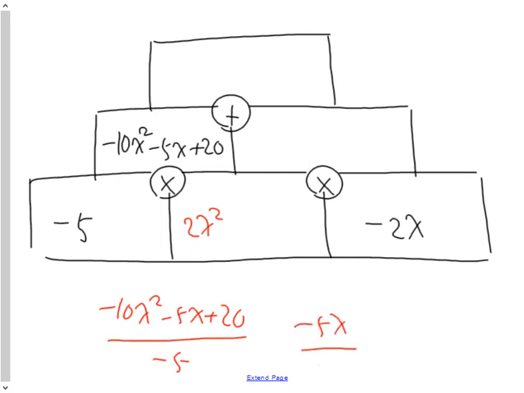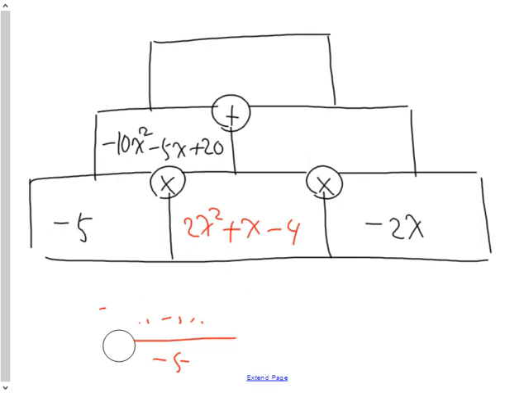Negative 5x divided by -5: negative 5 divided by -5 is going to be a 1 over 1, leaving me with just x, or 1x over 1, which is simply a positive x. Another way to think of that is negative 5 times x is negative 5x. And your third term, which is the constant 20, a positive 20 divided by a negative 5 is a negative 4.